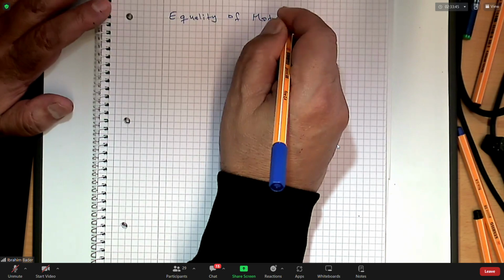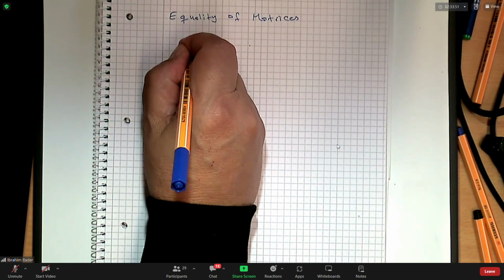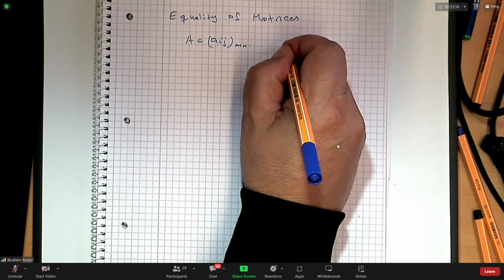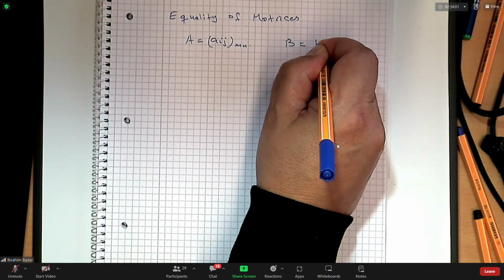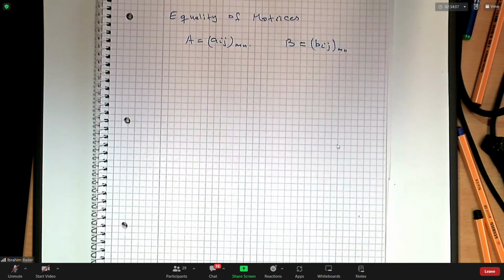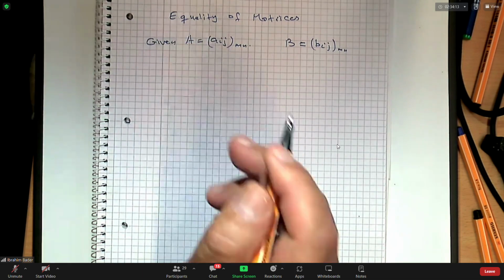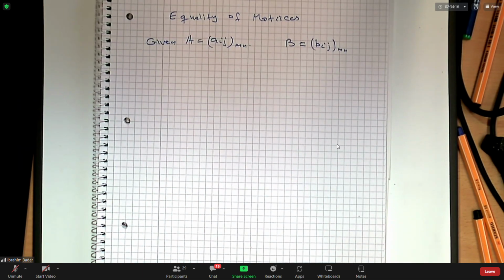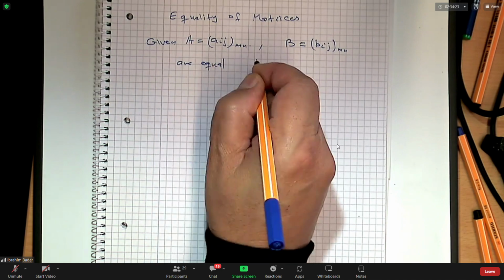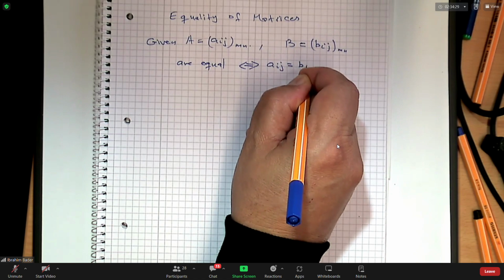Equality of matrices: if you have two matrices with the same dimension, of course, if they are not in the same dimension, you cannot compare them, they are equal if and only if a_ij equals b_ij.